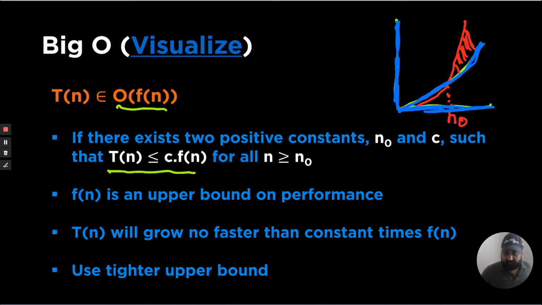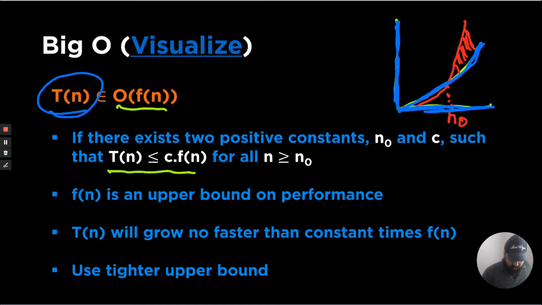So after n naught, which is a certain constant, this curve overtakes that one, and then this red curve will always bound this lower curve. So basically, O of f of n gives us an upper bound of the total time of execution for this function T of n.